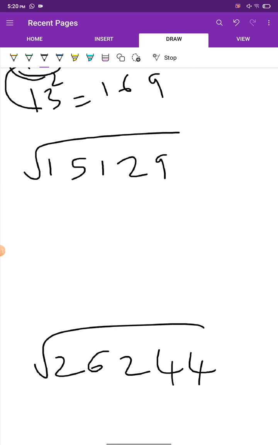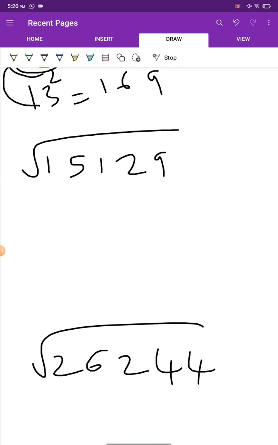Now if we discuss the third question, the last digit square is 9, so it could be either 3 square or 7 square, because 3 square is 9 and 7 square is 49. Now we need to ignore the last 2 digits, because it is square root.